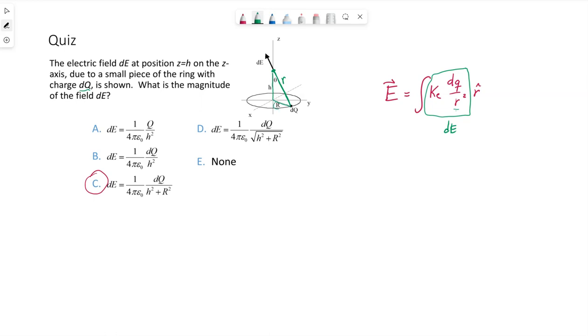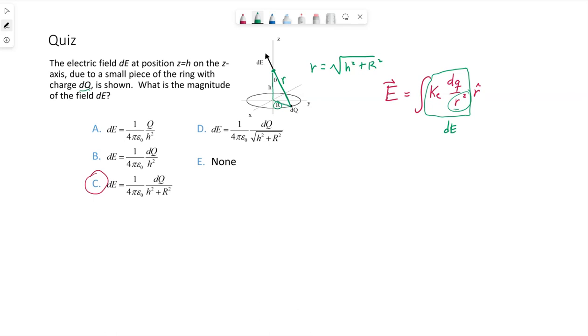And this they've labeled as capital R, meaning the radius of the actual ring itself. So once we have r is the square root of h squared plus capital R squared, we have to square it, and that's why we get C as the correct answer.